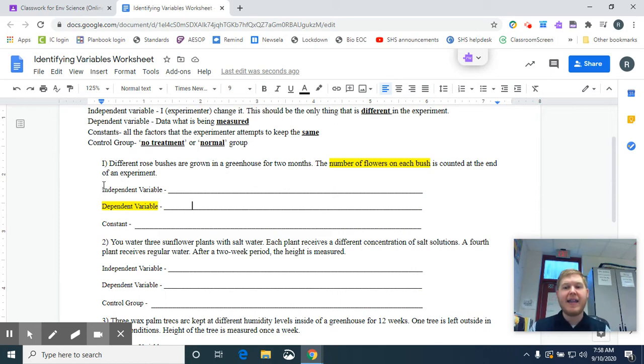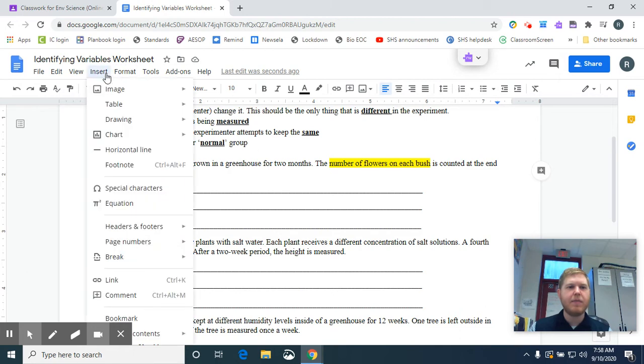Now, this is what the scientist changed, and I pretend I'm the scientist. So this should be the only thing that's different. If we look, I see different rose bushes. That's a big hint there, that different word. So this is going to be my independent variable.